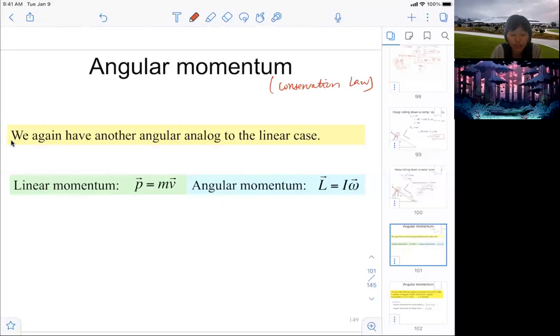We have another counterpart if you have rotation, we call it angular momentum instead of linear momentum. You probably already see we're simply replacing these quantities with the rotational counterpart. So mass becomes rotational inertia I, linear velocity v becomes angular velocity omega. Okay, so angular momentum L is simply I omega.